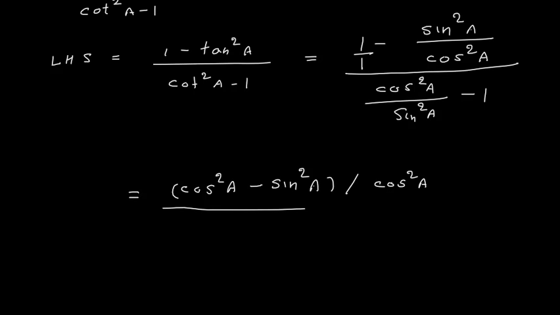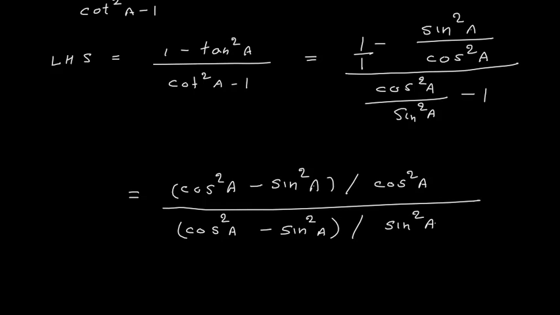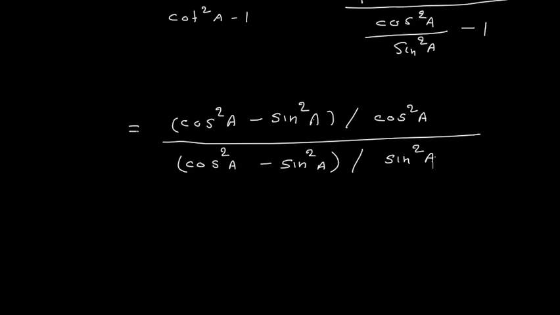Whole divided by, here you have cos square A minus sin square A upon sin square A. So this cos square A minus sin square A, and here you can cancel.